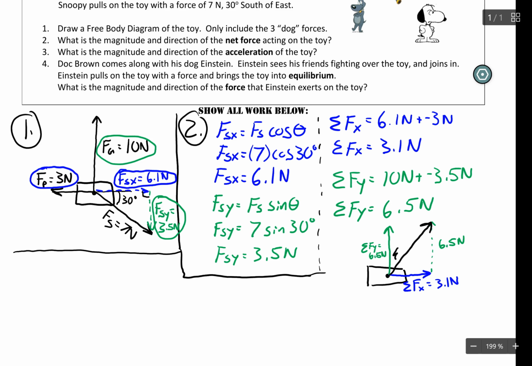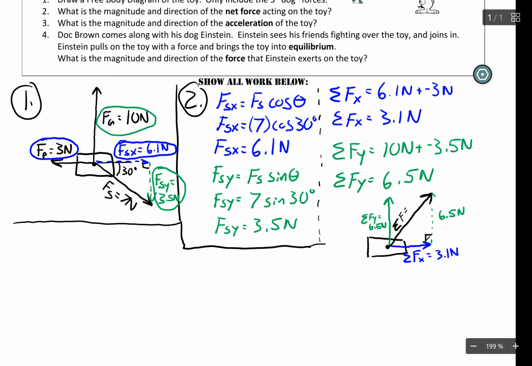All right, so the net force is equal to, well, we're not really sure yet. We have to do the Pythagorean theorem. You could write it out, or I'll write it out, fine. a squared plus b squared is equal to c squared. 3.1 squared plus 6.5 squared is equal to c squared.